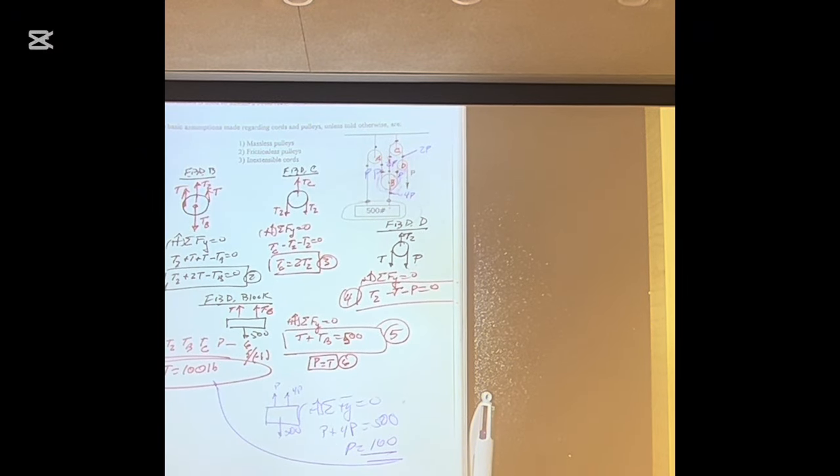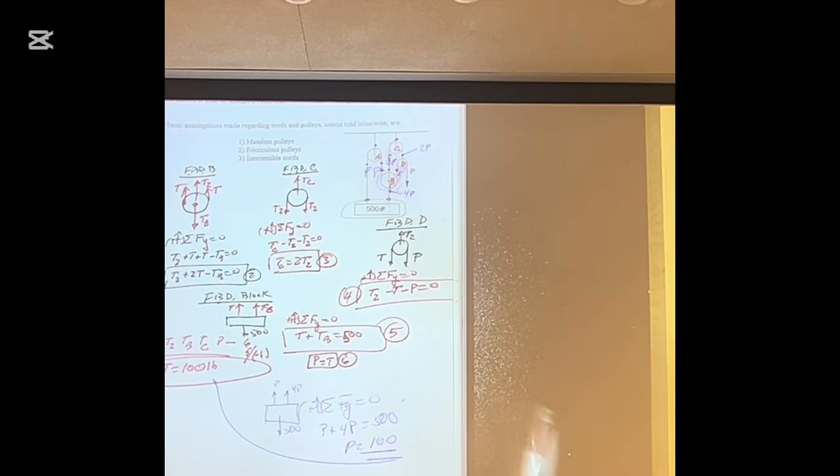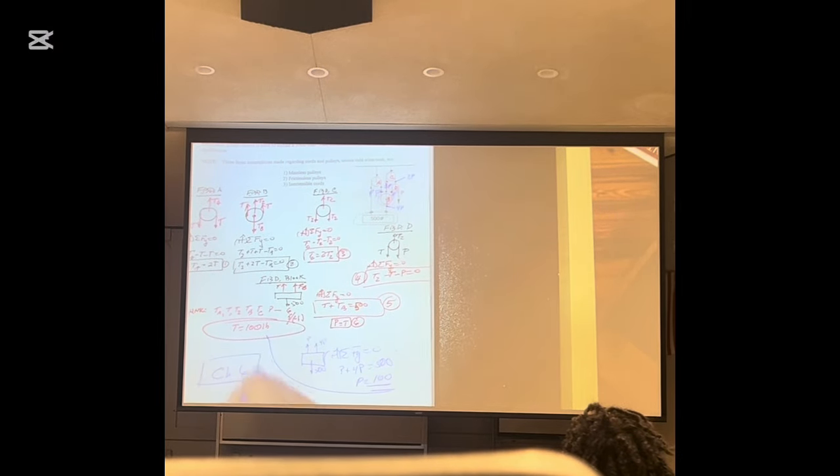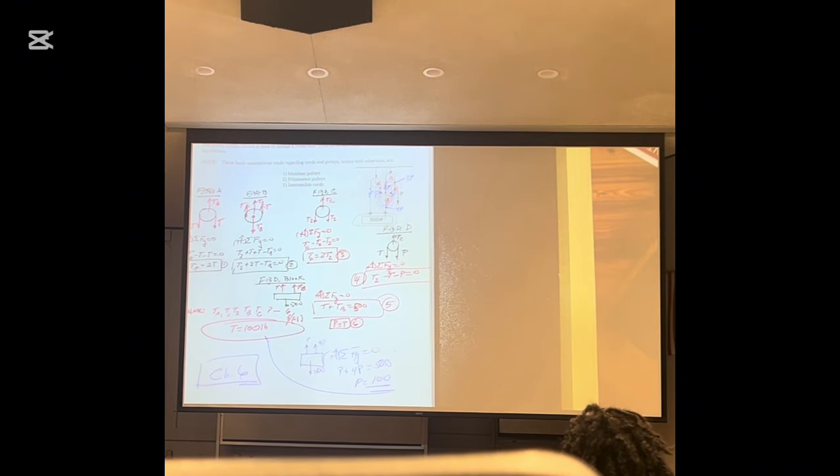Did everybody get that? Now, if you want to practice pulleys, I suggest you go to chapter 6. Midway in the chapter, it talks about frames and machines. A pulley is a machine. What do we mean by machine? It's not gas powered. A machine is anything that gives us a mechanical advantage, and pulleys give us a mechanical advantage.